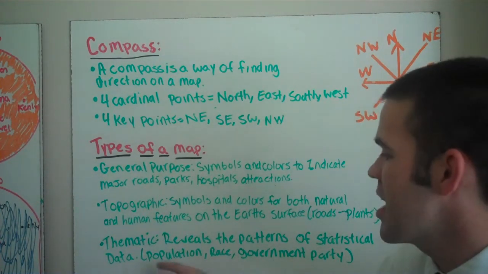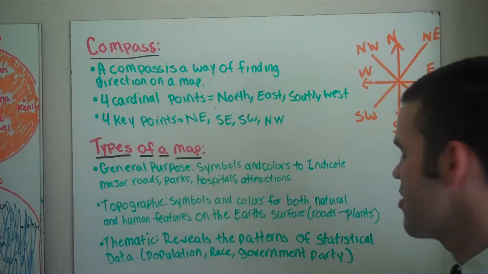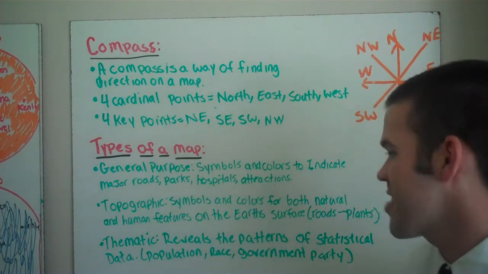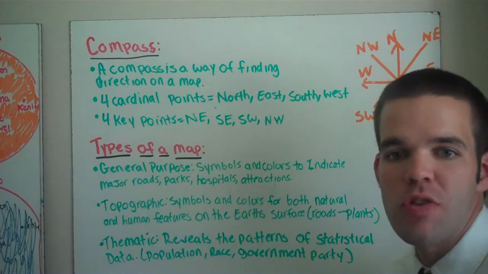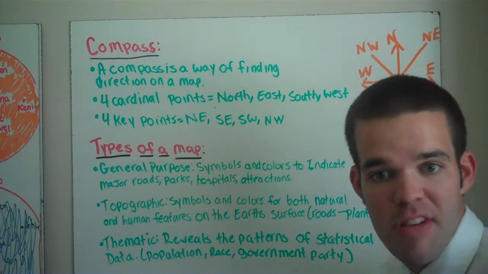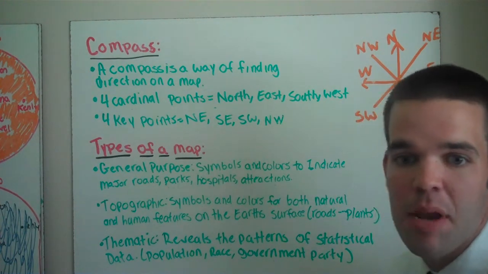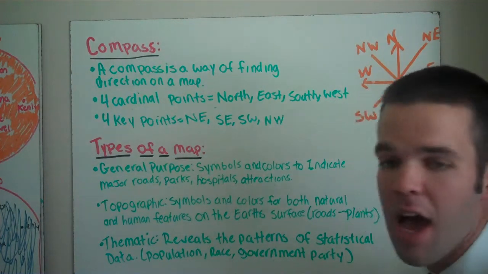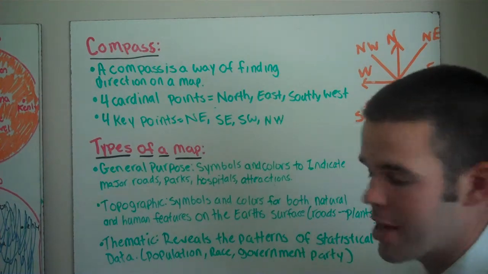The final map is a thematic map. A thematic map reveals the patterns of statistical data. This will be such things as you take Johnston County. And a thematic map would be used for determining how many males and females there are in the county, how many African American, how many white, how many Asian population there are in the county, how many Republican, how many Democrat, how many independent people there are in the county.